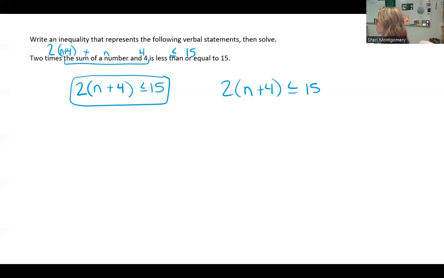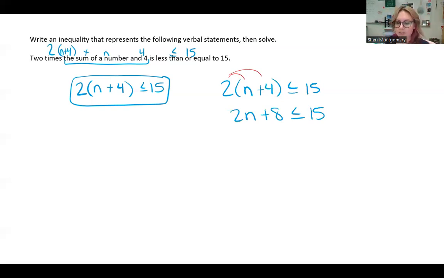Okay, so now I'm going to solve it. The first thing that I'm going to do is distribute. So I will distribute the 2 to both pieces. 2n plus 8 is less than or equal to 15. Now I'm at a simple 2-step problem.